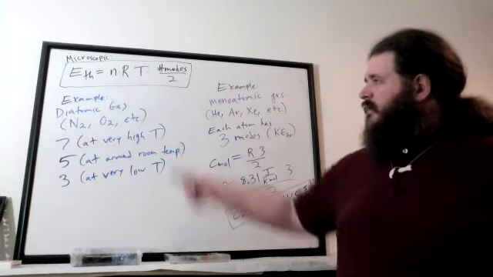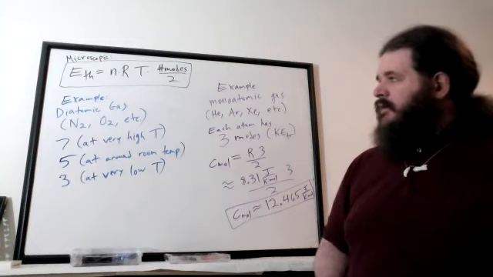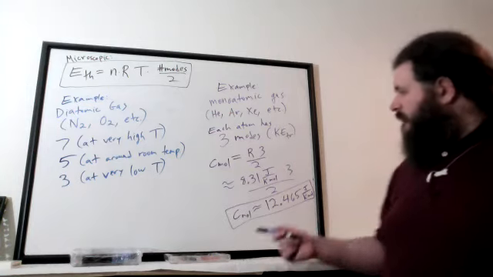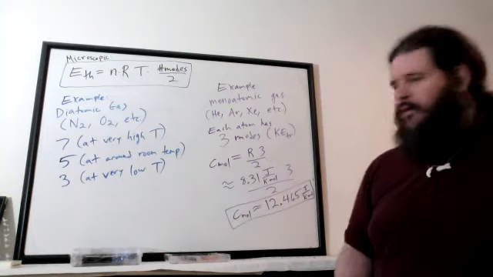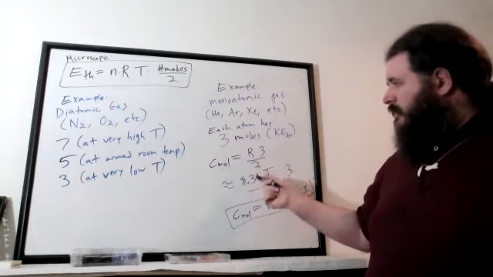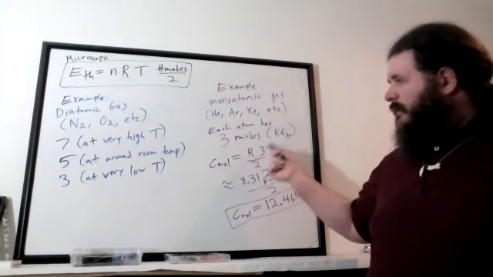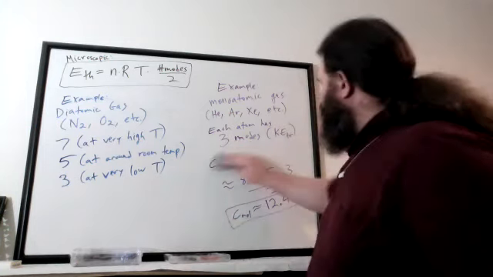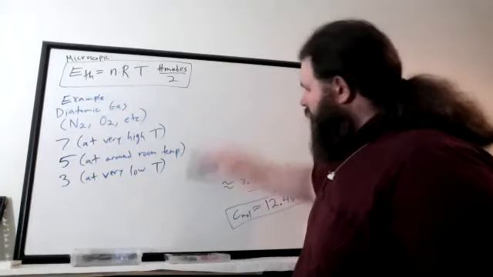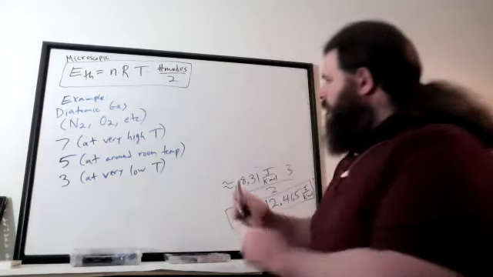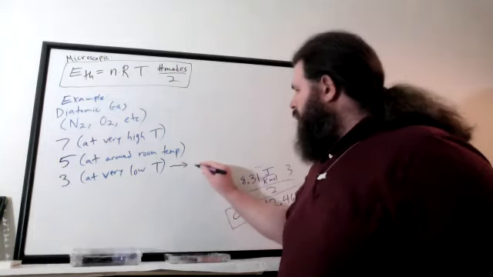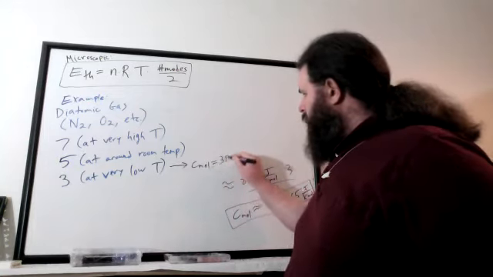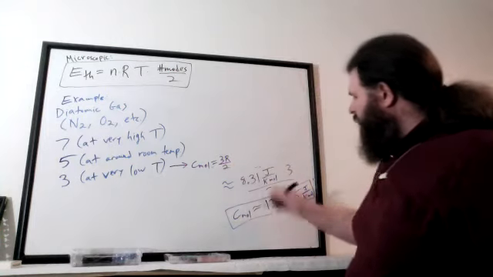So that means since we've got these 3 different options for number of modes per molecule, we're also going to have 3 different options for molar specific heat. We're going to have R times 3 over 2, or R times 5 over 2, or R times 7 over 2. So if we try each of those, let's see what we get. 3R over 2 we already found is about 12.4.